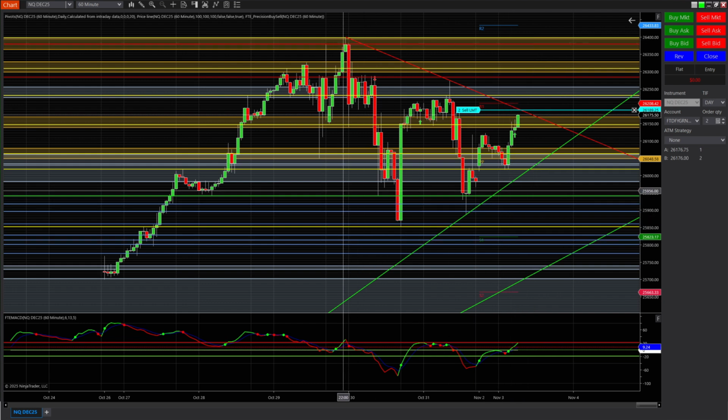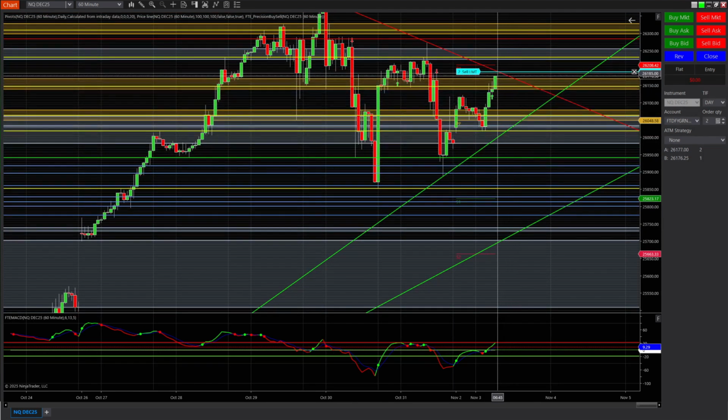Now for the downside, if we reject off this line right here that we're coming up to, we'd probably be thinking down here into this zone box, we got this other 1 hour trend line. You would have to think this zone box is at 80 to 50, and then we have a yellow line in there which is at 63.